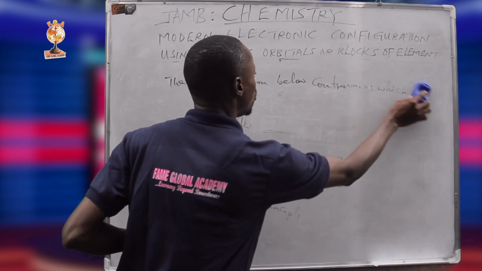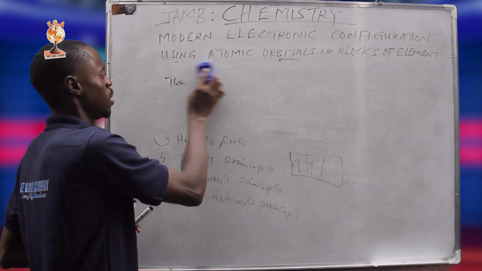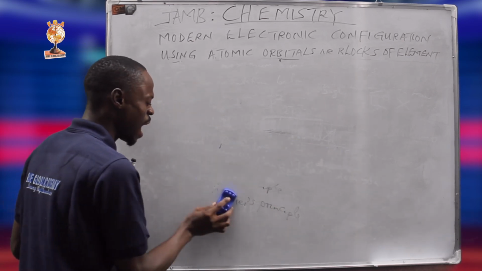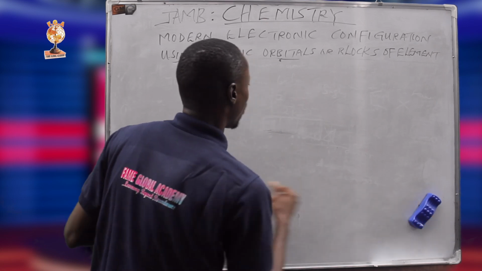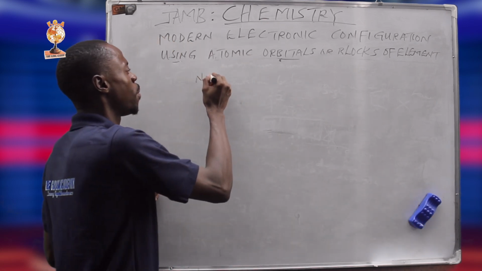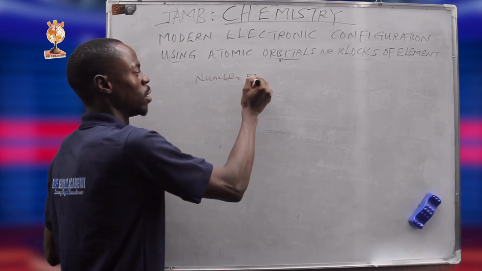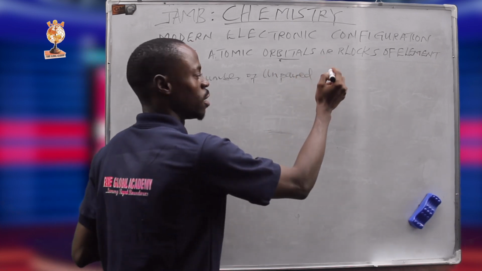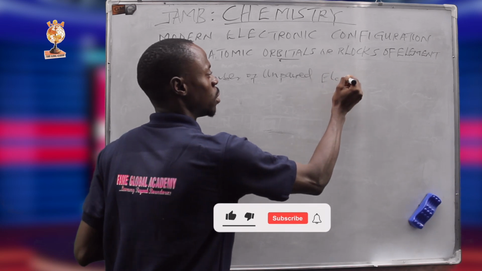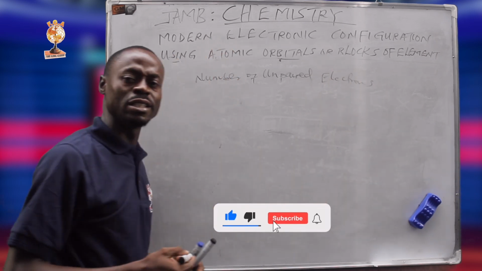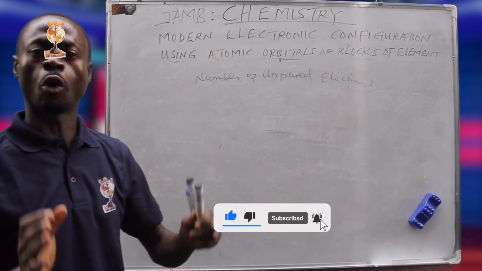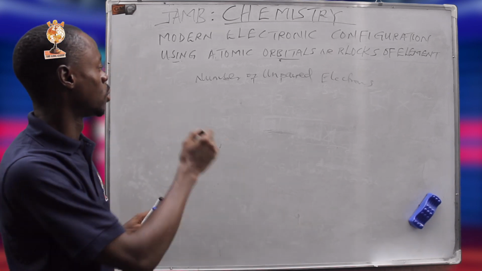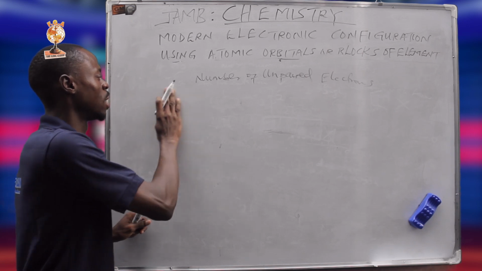What you are expected to know under this topic is the number of unpaired electrons that every element possesses. We want to look at how we determine the number of unpaired electrons in an atom of an element.